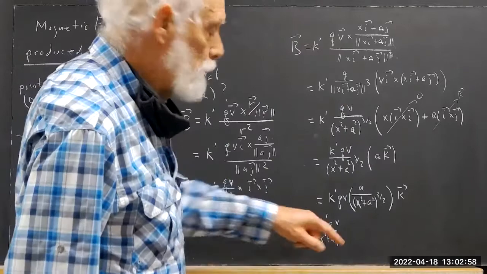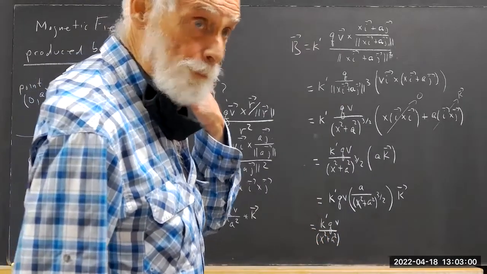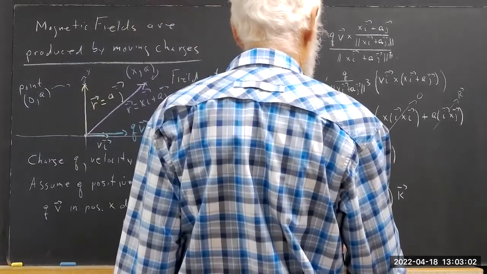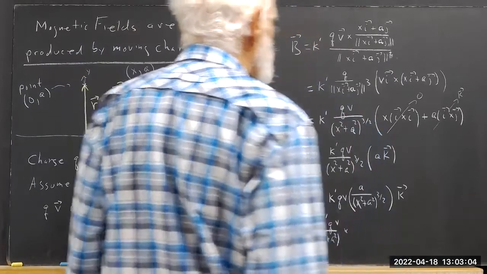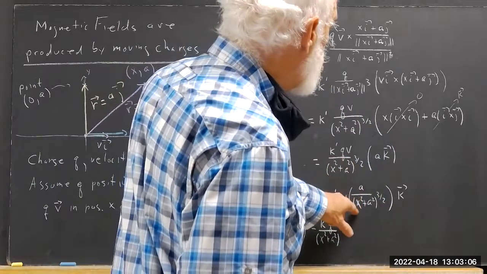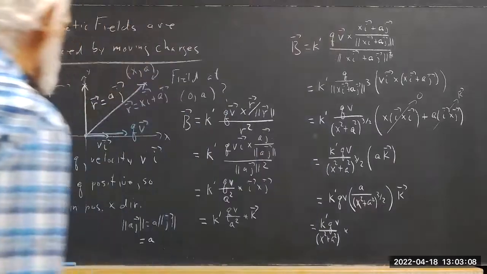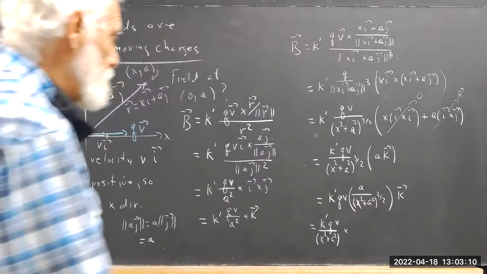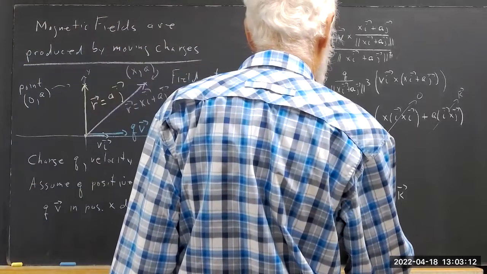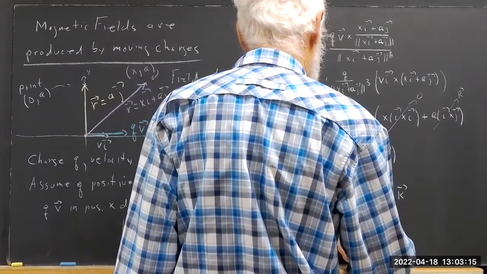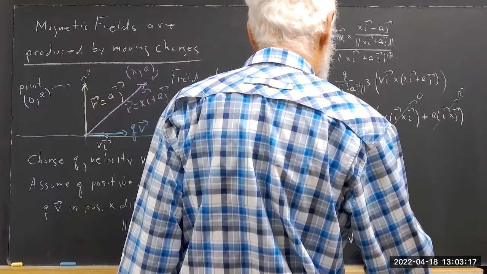It's K prime QV over X squared plus A squared times A over X squared plus A squared, okay? Well, I'll write it all out. I want to be really explicit.